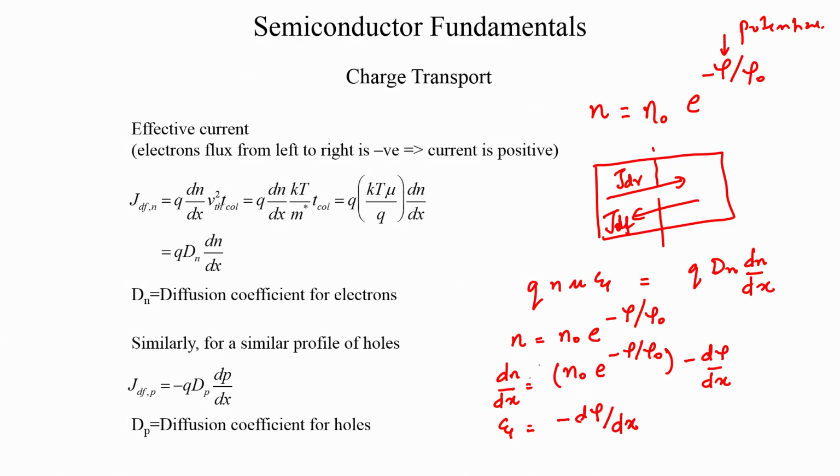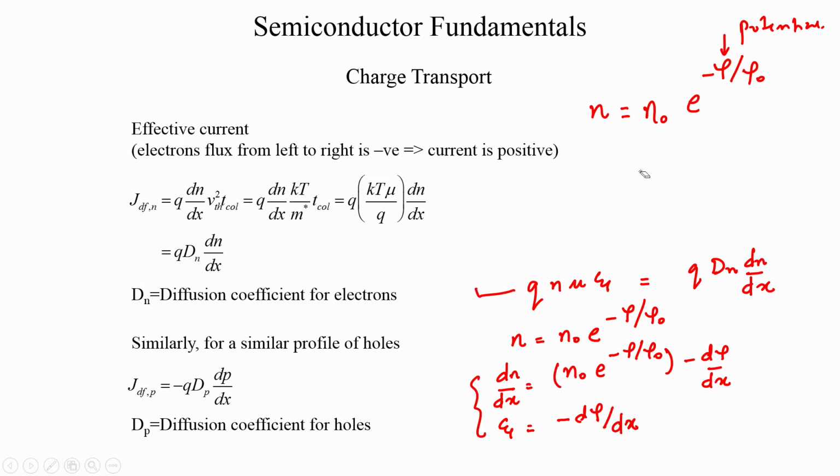So, you substitute these two in this expression, and you will end up with a relation q n mu d phi by dx, let us get rid of the negative sign, is equal to q D dn by dx. n naught e to the power minus phi by phi naught is again n. So, n d phi by dx. So, the terms n and d phi by dx cancel out.